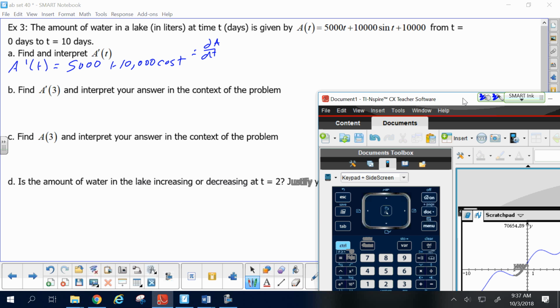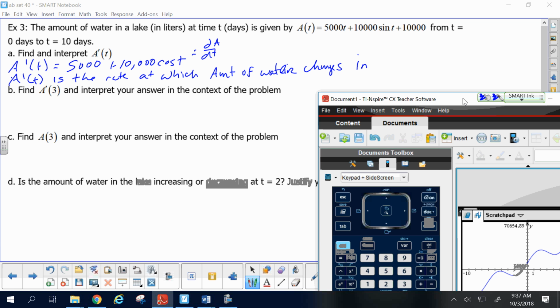So it should be worded more like, actually I should start with A prime of t is the rate at which the amount of water changes in, and then the units.